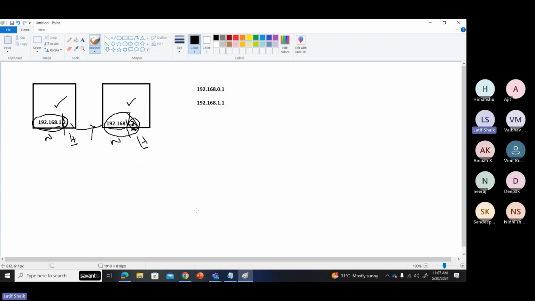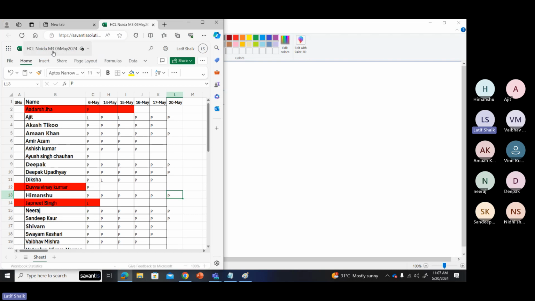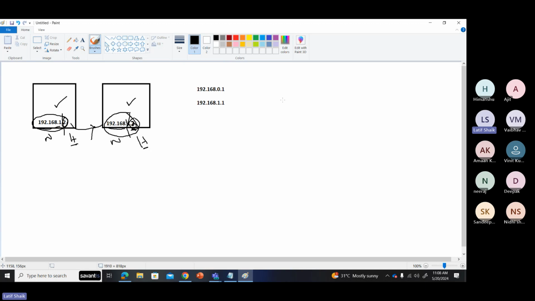For example, I didn't give any roll numbers to you, right? Your batch is M3, the Noida batch, and I didn't assign any roll number specifically. If I assign, for example, M03 01, M03 02, M03 04, M03 05, like this, what is common and what is different?